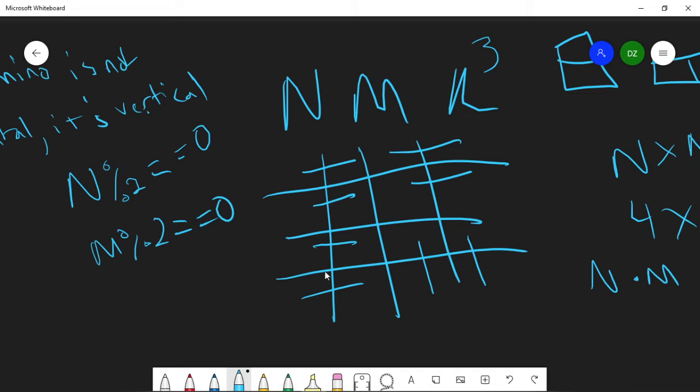And if it's odd, let's say 3, we have to try to fill out the area with both a vertical and a horizontal, which can't work no matter how much you try.